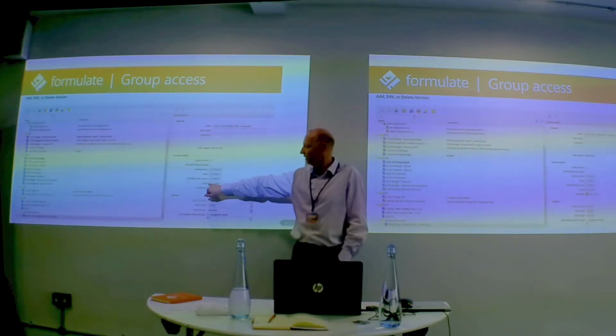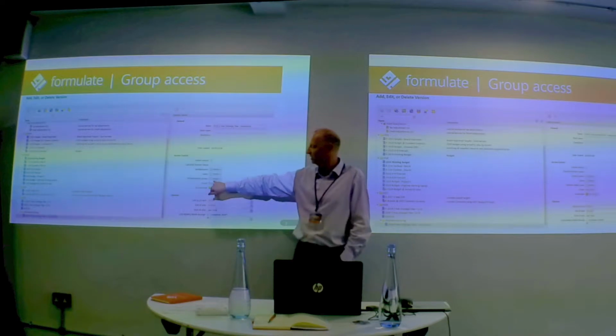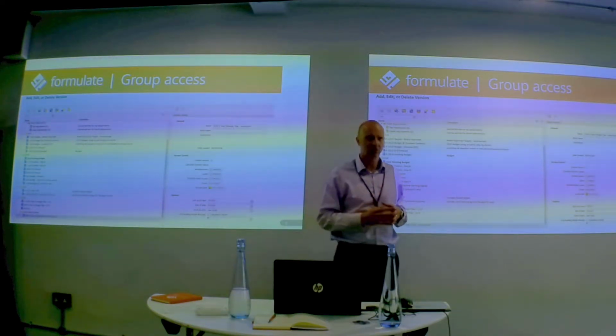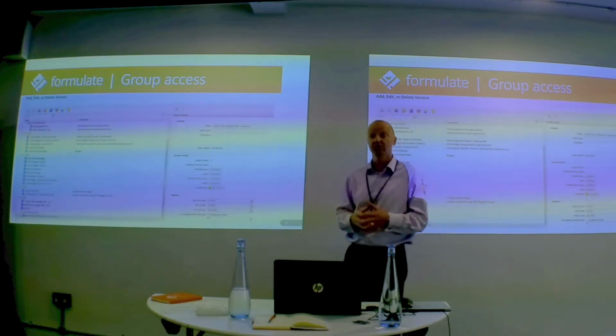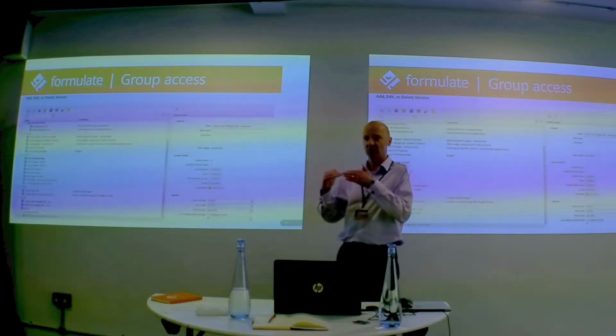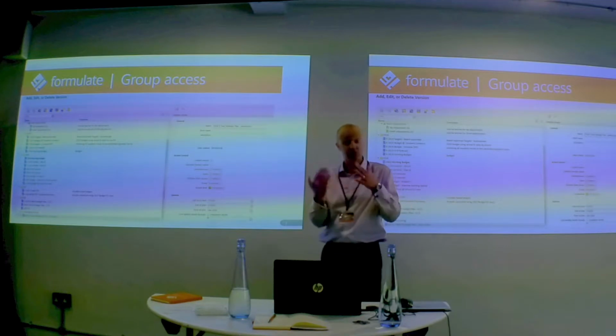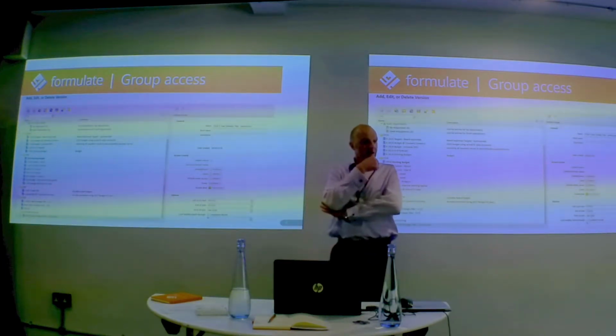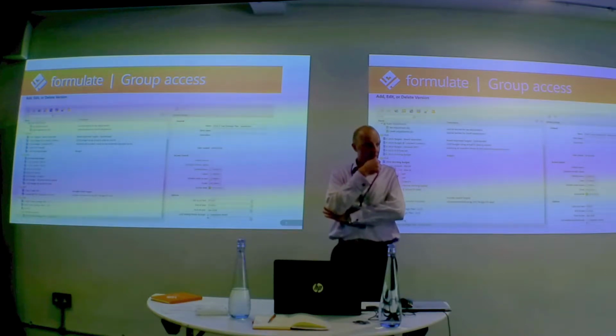So just because you've got here groups, this group full access, if you happen to be in that group, you'll get access to it. So you need to be careful. It's a pecking order is the best thing to describe it. You've got to be careful. If you're in any one of those groups, it will supersede the fact that you're not in one of the other groups. If you want some help putting together your user role strategy or group strategy, it doesn't take us long to put together. We're very happy to help.